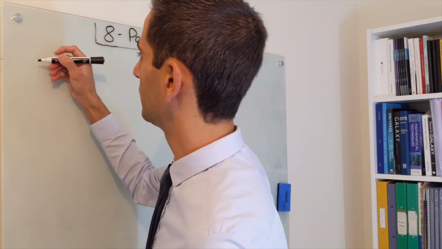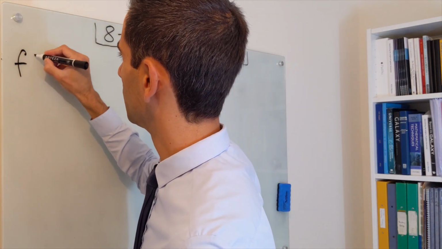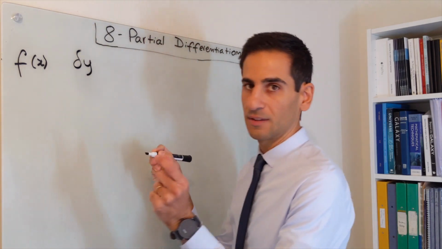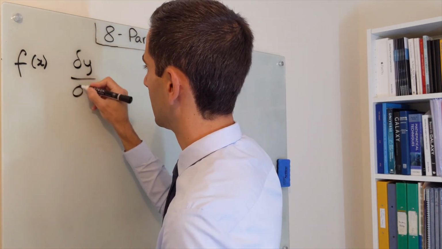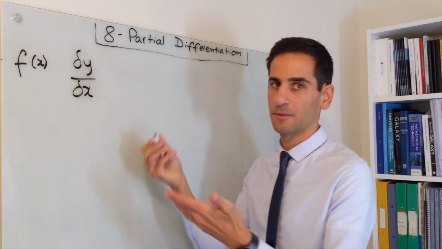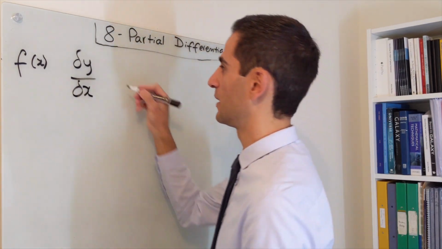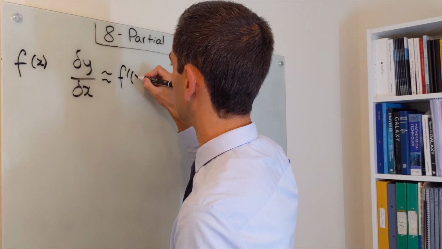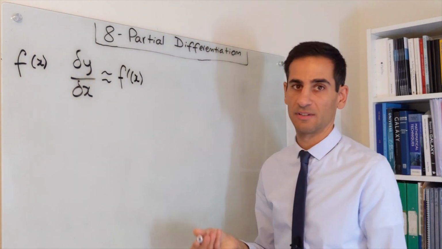If we think back to functions of just one variable, the ratio between the small change in x and the corresponding small change in y is approximately equal to the derivative of the function at a specific point.